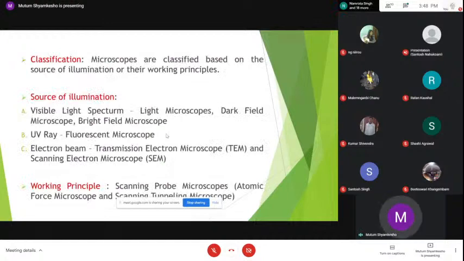I will just briefly explain the working principle of these different types of microscope.